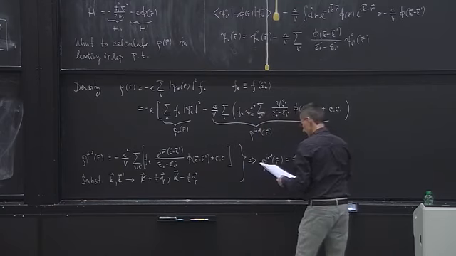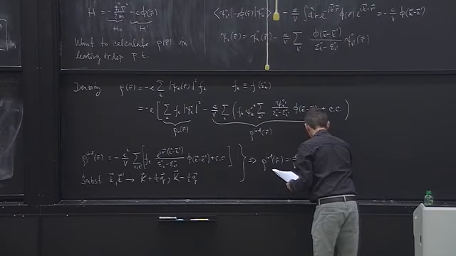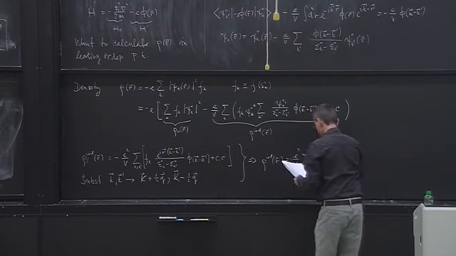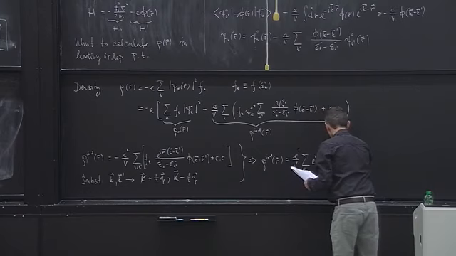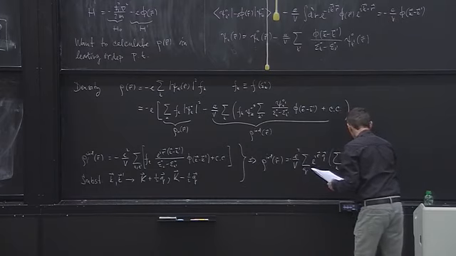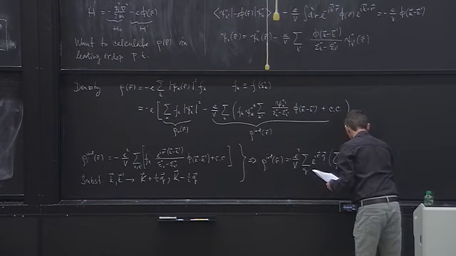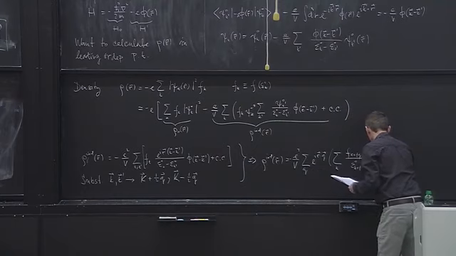Minus e squared over V, sum over q, e^{i r·q}, sum over k, f_{k+q/2} minus f_{k-q/2}, divided by epsilon^0_{k+q/2} minus epsilon^0_{k-q/2}.